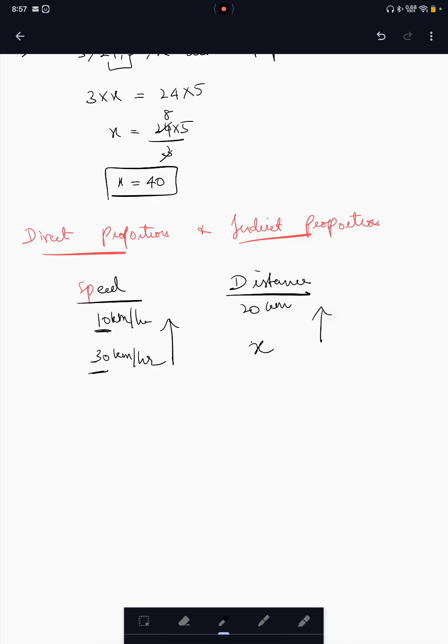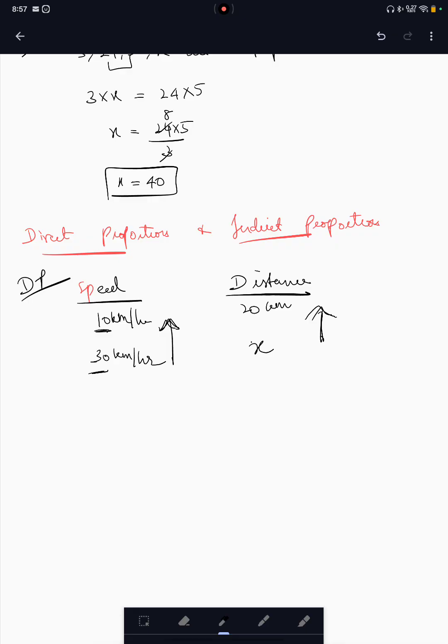This is also increased. So the arrow marks you see, both in the same direction, it is a direct proportion, DP. In the sense that both arrow marks are up or both arrow marks are down, it is a direct proportion.